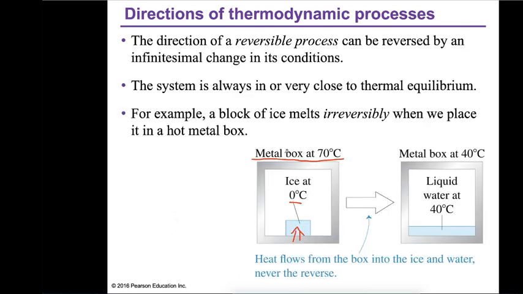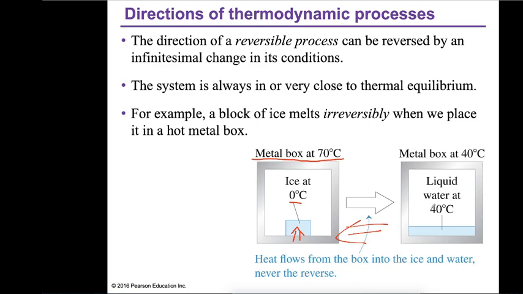However, in an irreversible process, the metal box and the ice at the beginning have a great temperature difference. So at the end, they will have the same temperature, but it doesn't automatically go the reversible way.